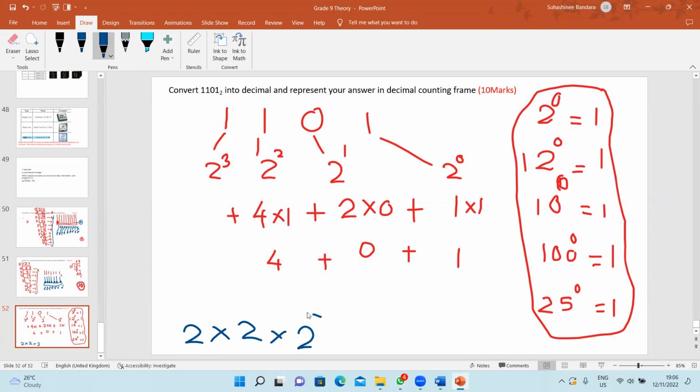That means 3 times we are going to multiply. So 2 to the power 2 means 4. 4 multiplied by 2 means what? 8.